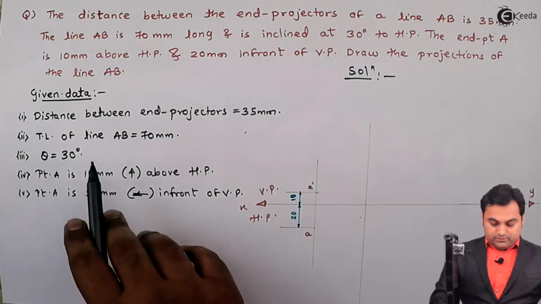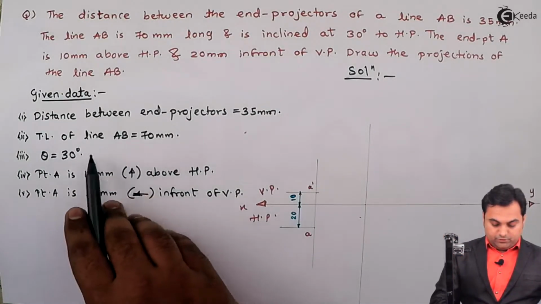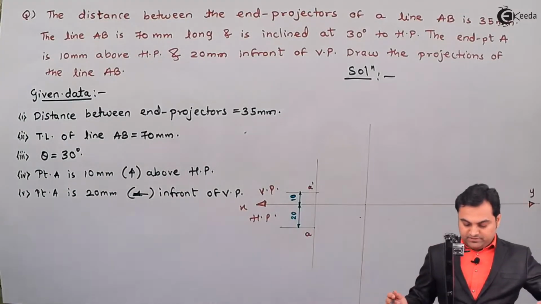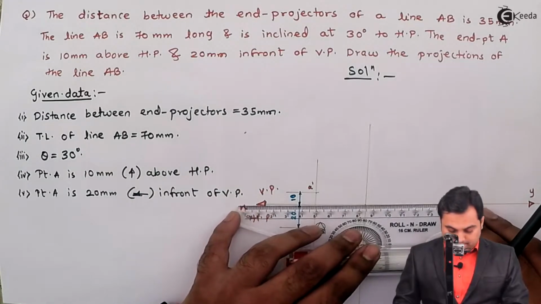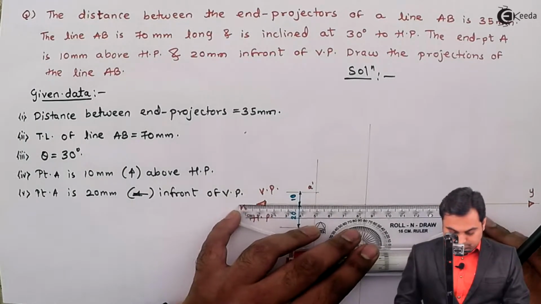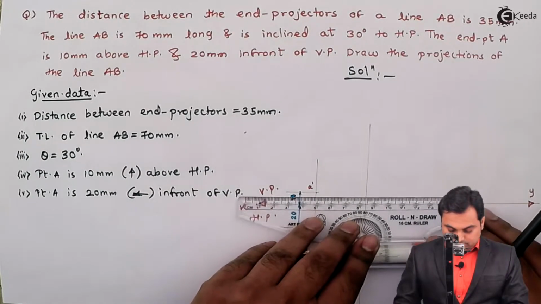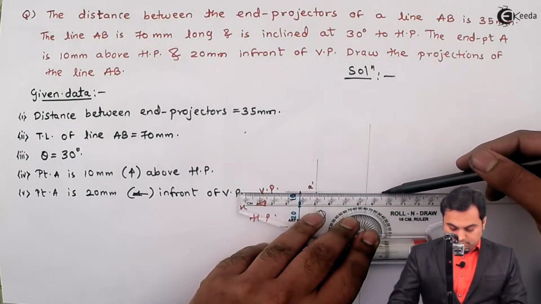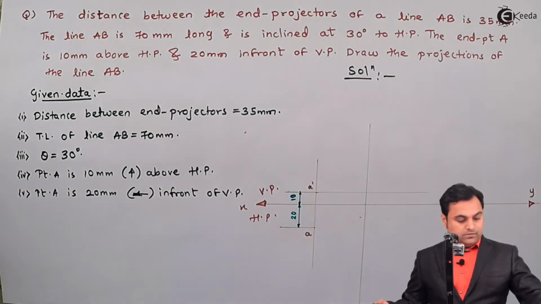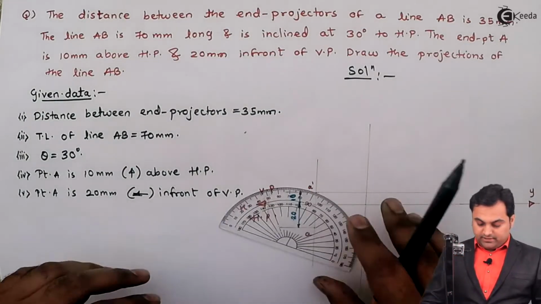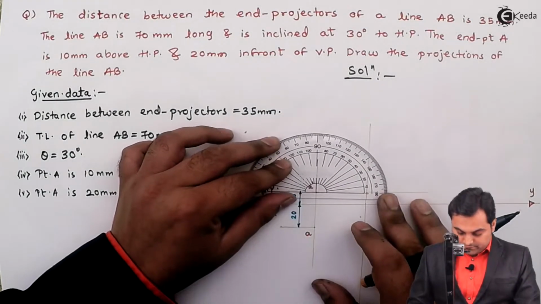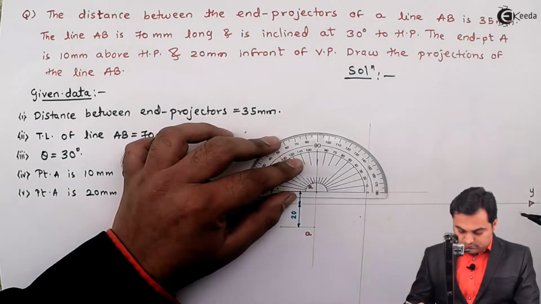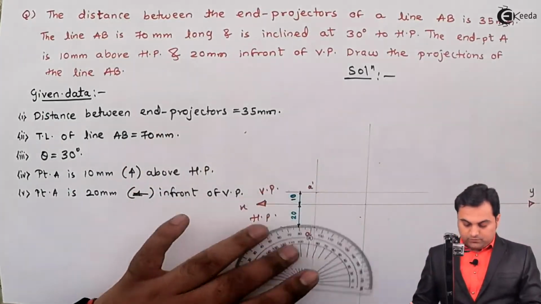Then the inclination of the true length is given as 30 degrees. It is with respect to HP, so it will be seen in VP. For that, to A dash, I am drawing a light line, measuring an angle of 30 degrees with HP.